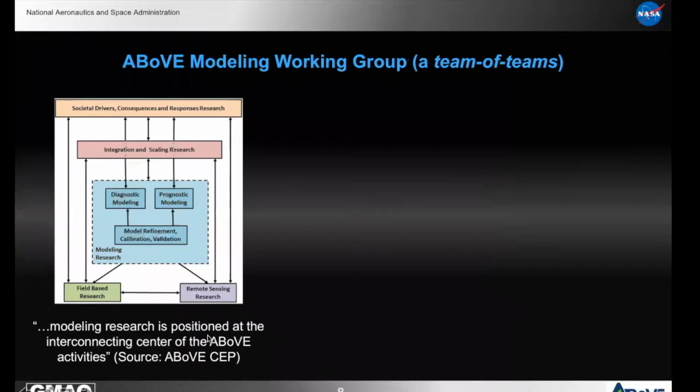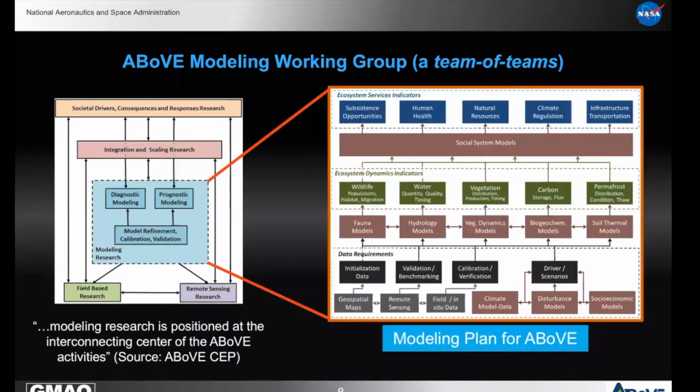What is actually interesting about the modeling working group is that it sits in between all the different observations that are being collected, any of the field-based research or remote sensing, and the ultimate stakeholders or societal responses. It tries to bridge the gap between the two. So it's really critical to putting together the entire ABoVE activities and achieving its goals.